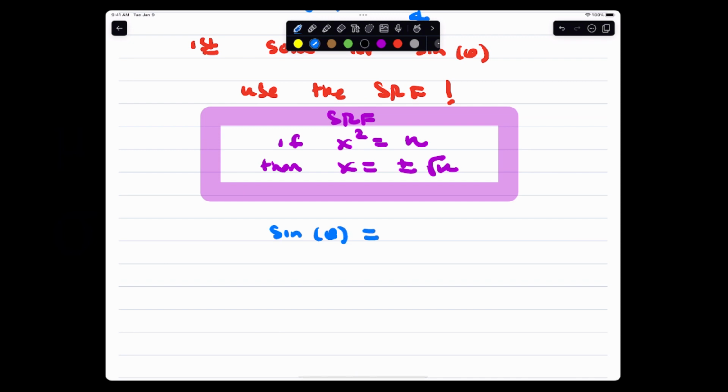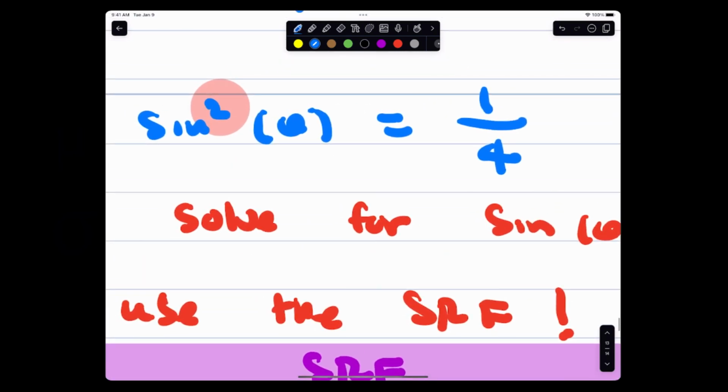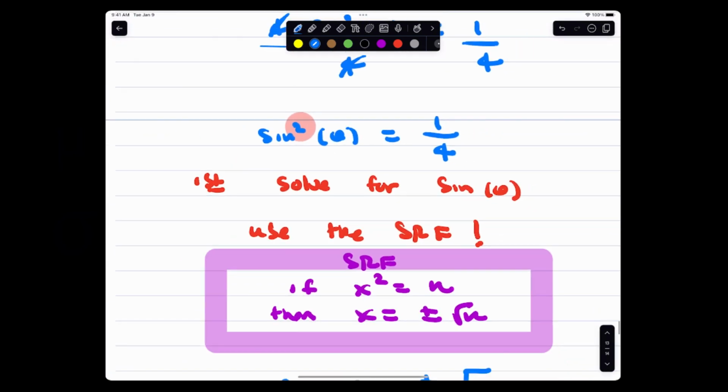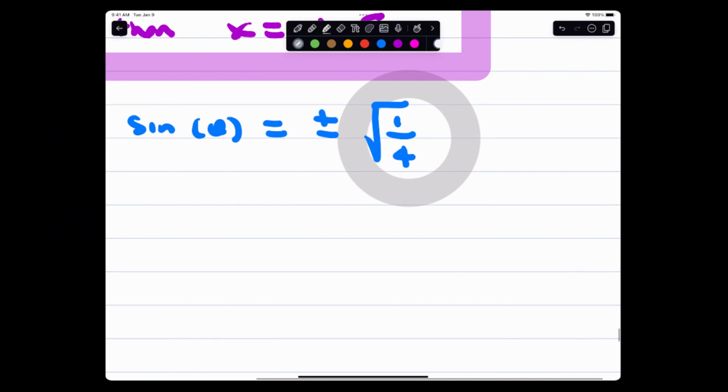So that means sine theta will be plus or minus the square root of what number here? Do you guys see this here? The square root of 1/4. And now you say, what do I do with this? What's the square root of 1/4?